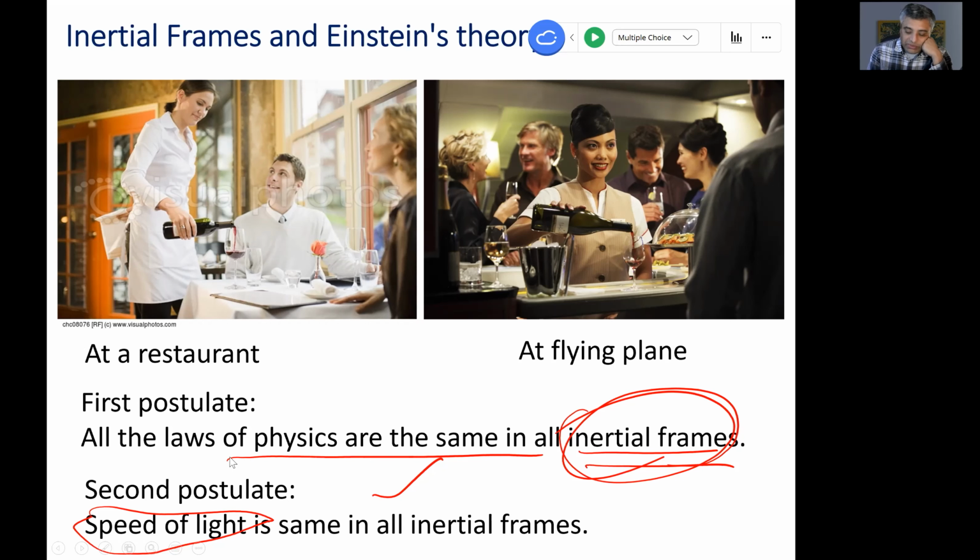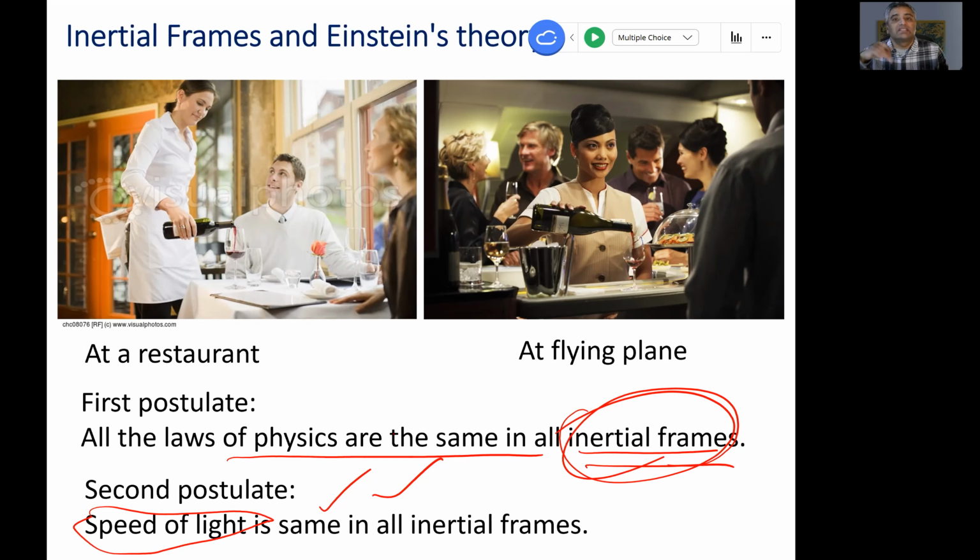So keeping the speed of light the same now creates some complication that we need to overcome, and that may be slightly off from our intuition. For example, in our everyday life, when you throw a baseball or fire a bullet from a moving object, the speed is larger than when you do that from the ground.